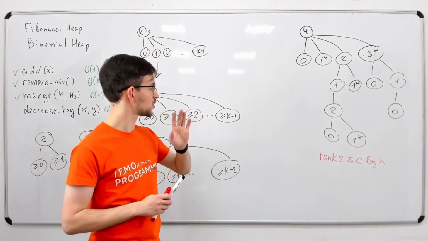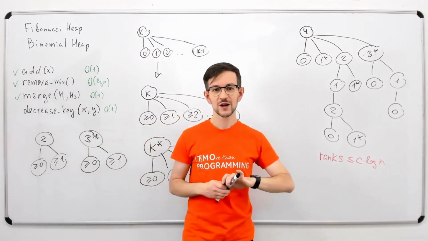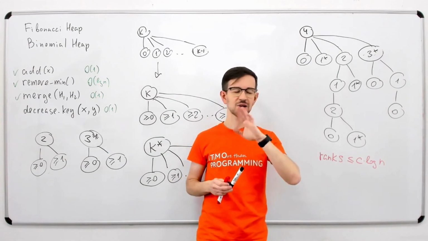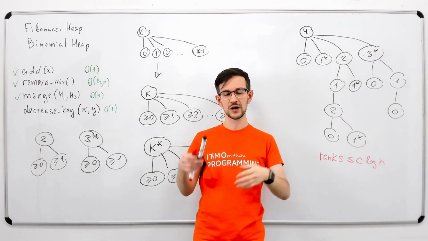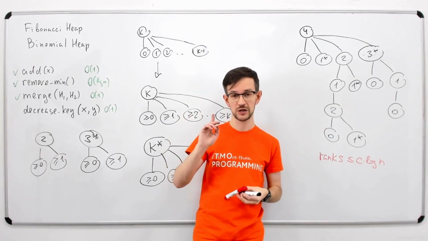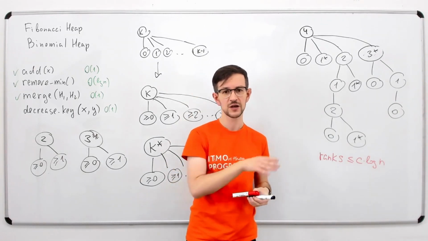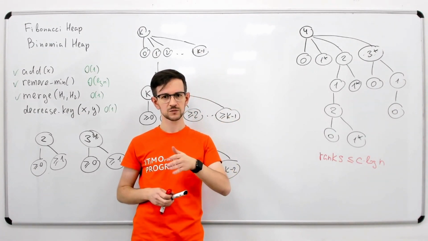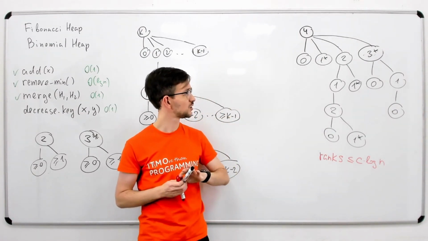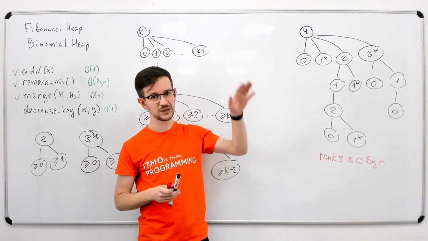No, rank is not the depth here. In the previous lecture, we had ranks equal to the length to the deepest leaf. It's not the same here. Here, ranks are just different numbers assigned to each node. It's not connected to the depth of the tree.